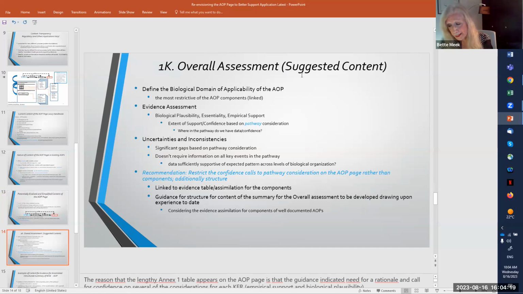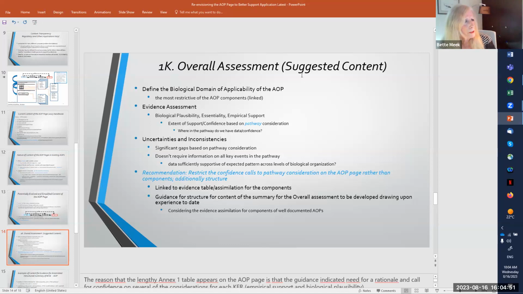So it seems to me that the problem there is that we're really presenting in the context of the modular elements, and there's really no assimilated overview. So with respect to the biological domain of applicability of the AOP, that's fairly easily addressed through the most restrictive of the AOP components. But this evidence assessment really needs to be based on pathway consideration.